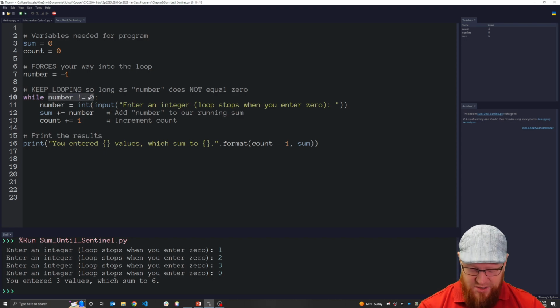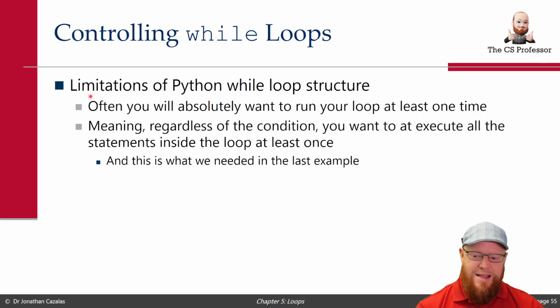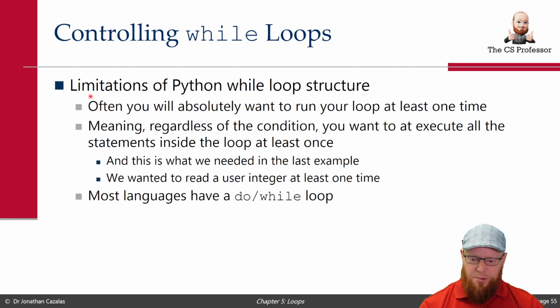So therefore, this is always going to be true, right? Because -1 does not equal 0. And we've forced our way into the loop. So many times you have a problem set up where the design of the problem is you want to run the loop at least one time, and that's what we needed in that last example.